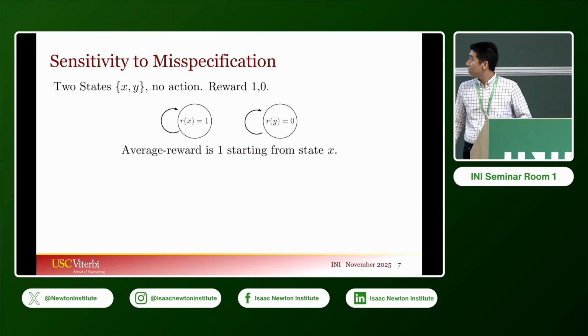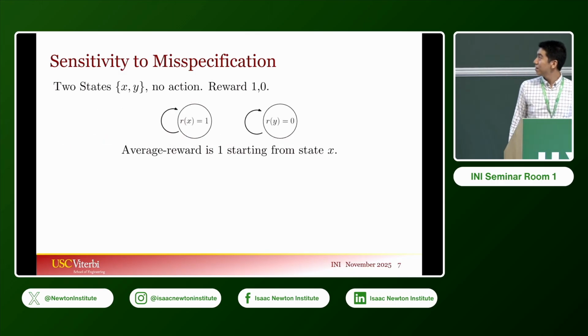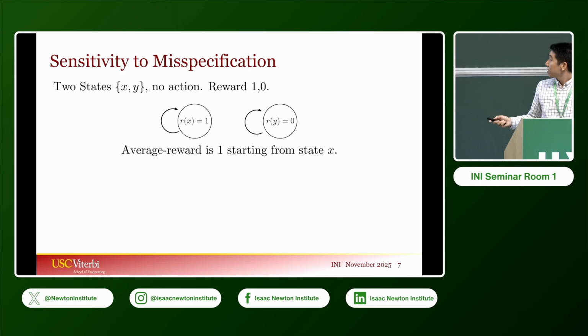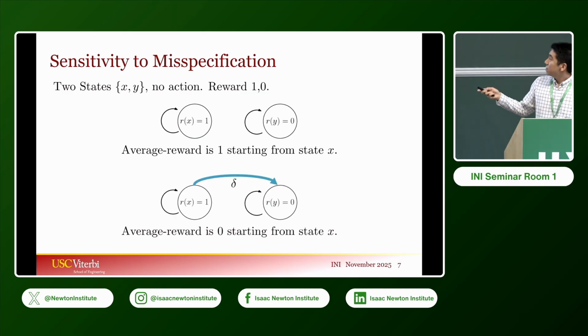Let me give you a mathematical example, a very simple one. This is the simplest MDP you can think about, with two states and no action. The reward will be 1 if you stay in state 1, state X, and the reward will be 0 when you are in the second state. Suppose that this model is misspecified by a very small amount, delta. This delta can be arbitrarily small.